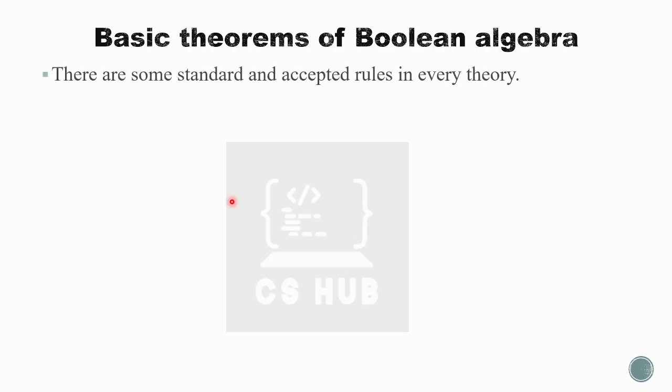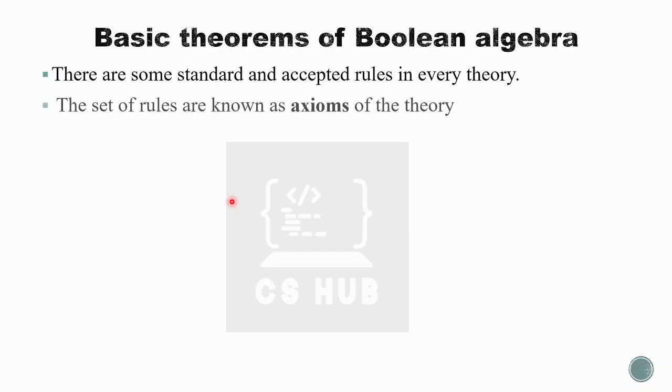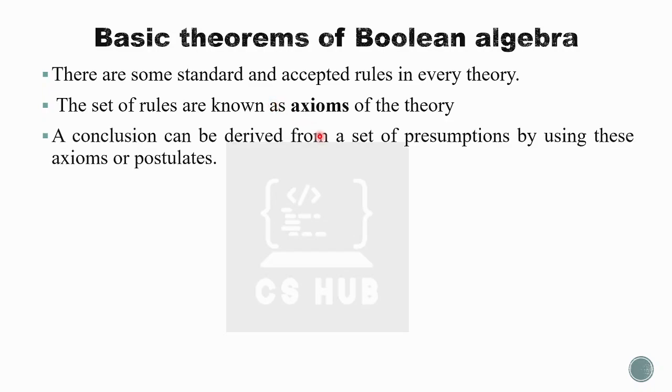What is a theorem? There are some standard and accepted rules in every theory. The set of rules are known as axioms of the theory. A conclusion can be derived from a set of presumptions by using these axioms or postulates. This conclusion is called a theorem or a law.